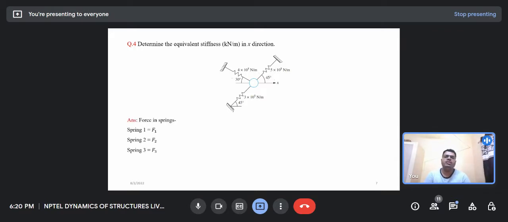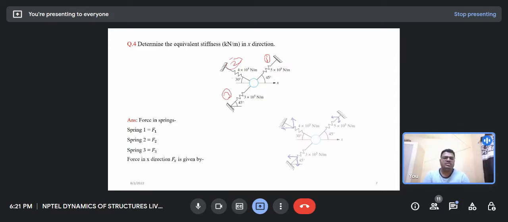Let us consider the force in spring one is F1. You can consider any spring: this is one, this is two, this is three. If the force or displacement is given in the x direction, the resisting force acts in the opposite direction, at some angle theta.